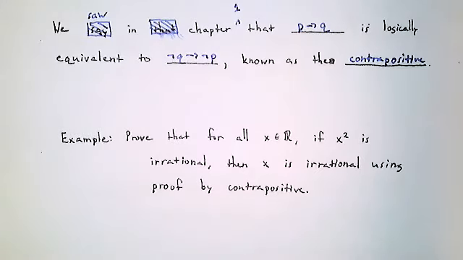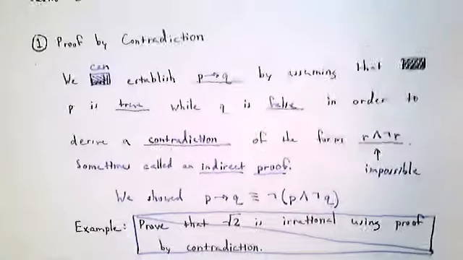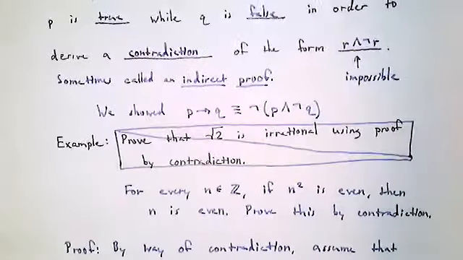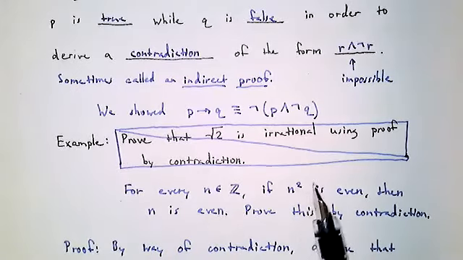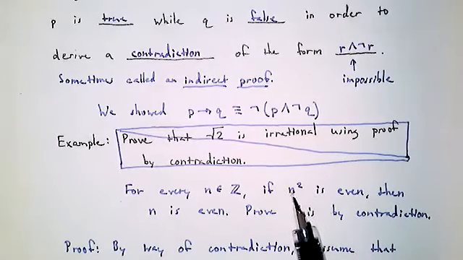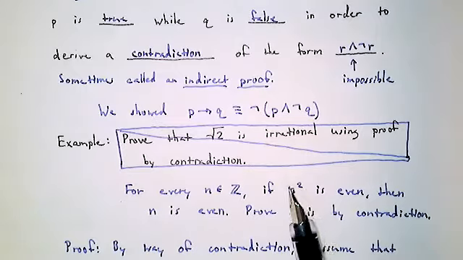If we went at it directly, if we just assumed the hypothesis and tried to show the conclusion directly, then we have the issue of getting rid of the square. In order to get rid of the n squared, we would have to take a square root.